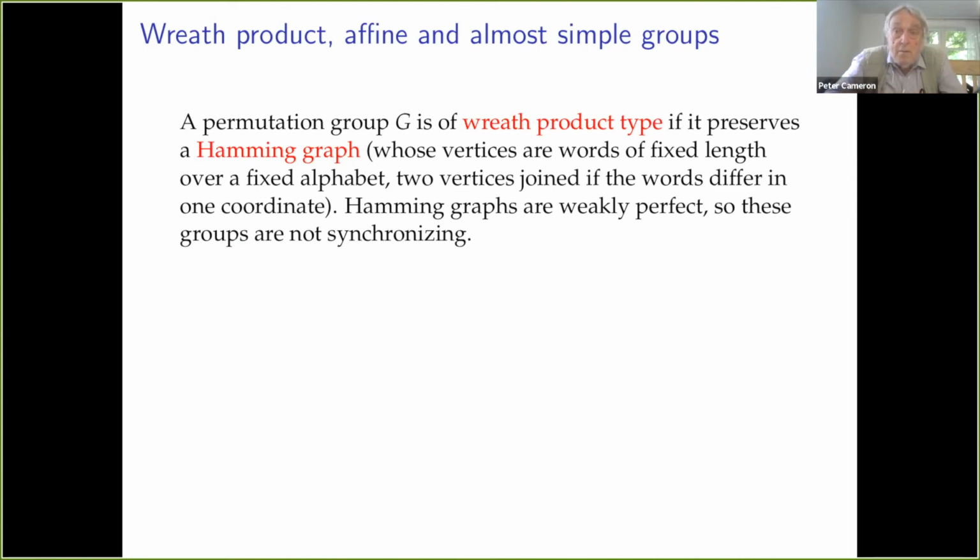If you're sending a message, a word, through a noisy channel, and you assume that it's possible that one letter of the word will be changed during transmission, but that it's very unlikely that more than one will be changed, well, you want to know exactly what a word could be changed to, and that's what adjacency in the Hamming graph tells you. So Hamming graphs are weakly perfect. I'll leave that as an exercise. But anyway, these groups all preserve Hamming graphs, so they're non-synchronizing.